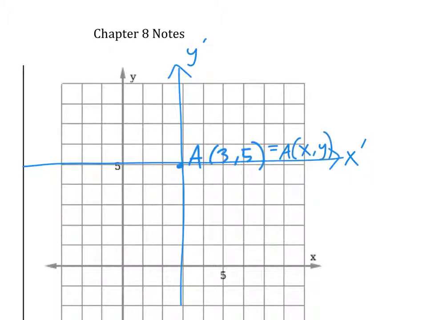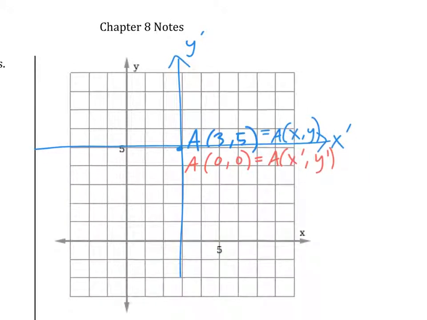Once I change it so that A is now 0, 0, I cannot really call it the same coordinate system anymore. I have to say that this is in the x prime and y prime system. Because I moved, I'm going to think of A as my new origin, and I'm going to look at the whole world from A's perspective. So 0, 0 would be negative 3, negative 5.